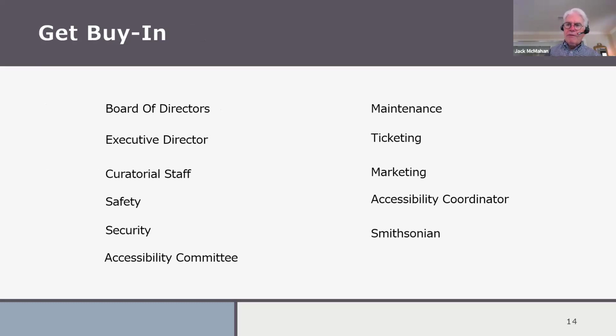The commitment from the board was absolutely essential, but everybody else, the janitorial staff, the security staff, the marketing department, everybody had to know what was going to be done and what it would mean and how it would benefit the actual performance. But this is going to change over time, just like the budget, just like the scope of work.